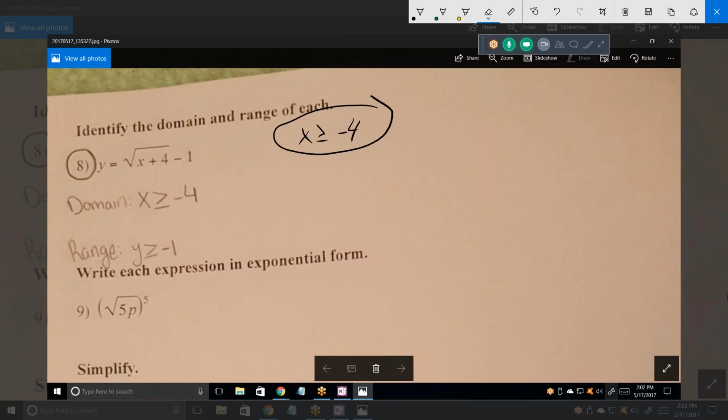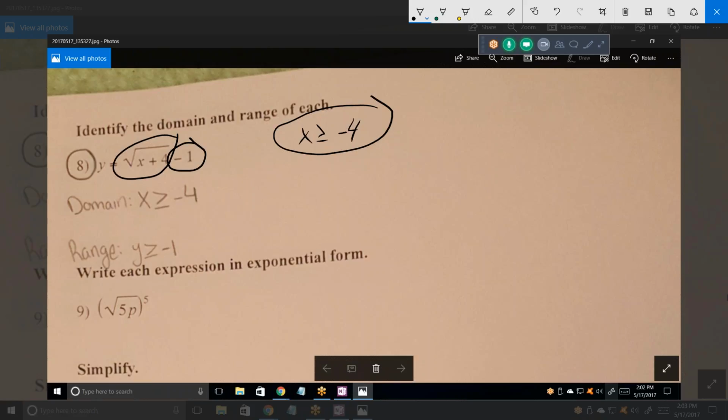Now, furthermore, that part is always positive. The square root of any number is always positive. It's never negative. If it's always positive, then the lowest point the range can ever be is -1.